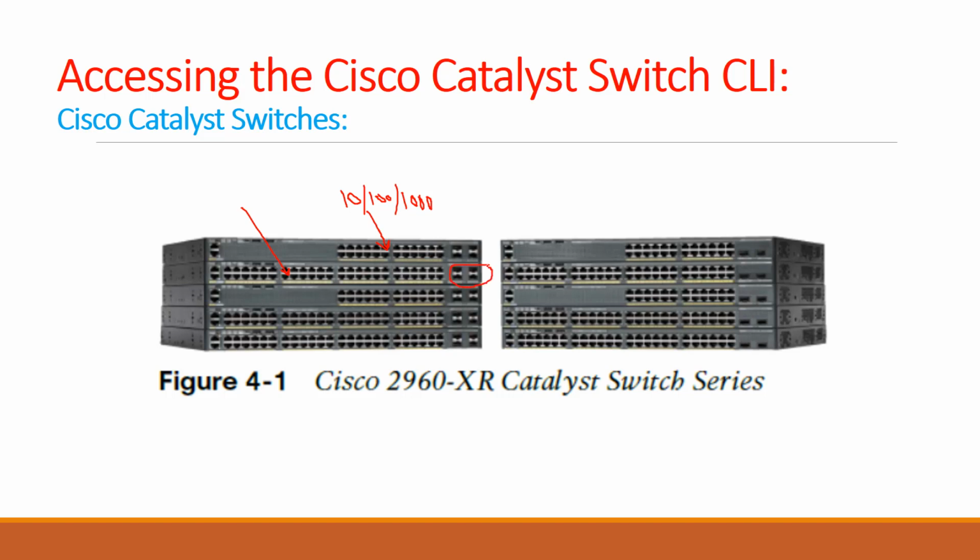As we discussed before, these are SFP ports that can be used for connecting the access switches to the upper layer switches, like the distribution or the core switches. So these uplink ports use SFP or SFP+ to provide the uplink connectivity to the upper layer.